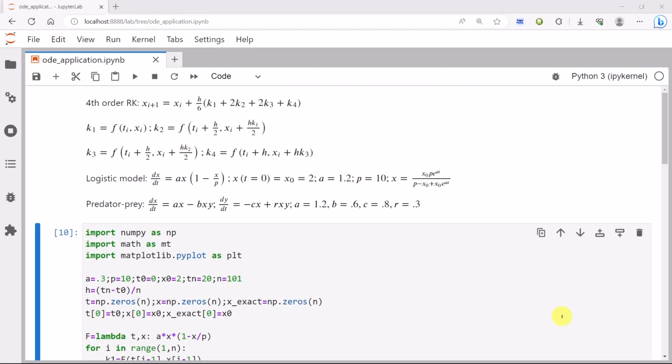Okay, so again we'll see how we can write the computer program for this problem, and what kind of result it can give us. So here I have written the predator-prey model, that is dx/dt is ax minus bxy and dy/dt is minus cy plus rxy.